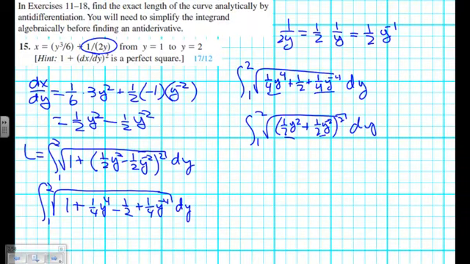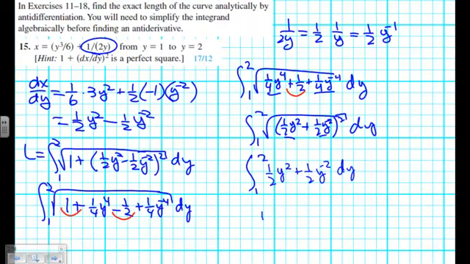What did you do to the 1 plus? This positive 1 and this negative 1/2 turn into a positive 1/2. Okay. So the square root and the square cancel, giving us 1/2 y squared plus 1/2 y to the negative 2 dy.